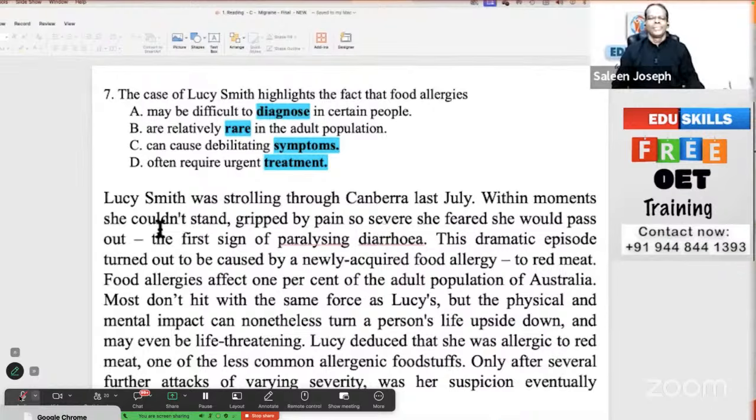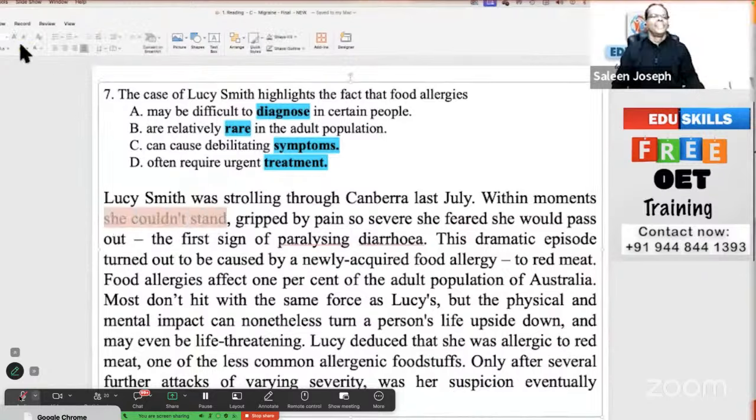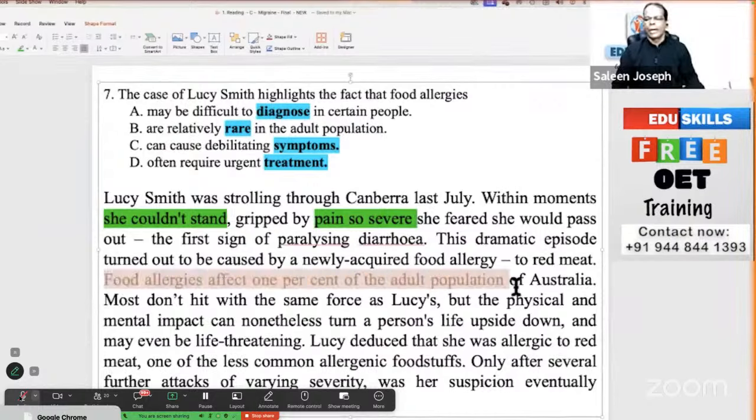Symptoms. Yes, she couldn't stand is a symptom, right? See how easy it is: in the topic sentence itself you have gripped by pain so severe, which is also a symptom. Okay. Now, what about this one? Relatively rare in the adult population. Food allergies affect 1% of the adult population in Australia.